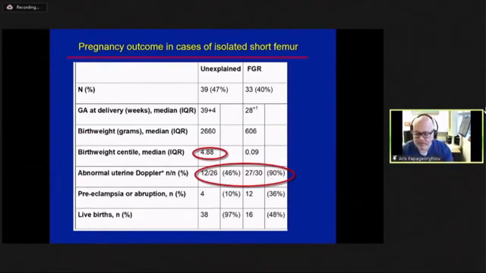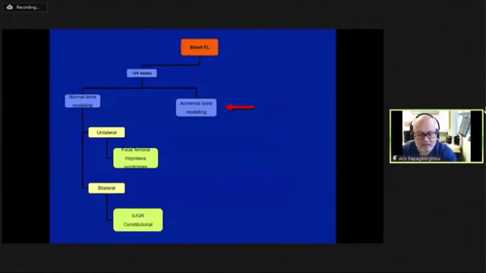We defined growth restriction as needing delivery before 37 weeks, but it is likely that even the unexplained babies contained within them a significant number of babies with SGA, if you like. So that's the normal bone modeling. If the bone modeling is normal, you can generally be reasonably reassured, but of course there are some genetic conditions that we might want to consider, such as those that Saha will cover in her talk.